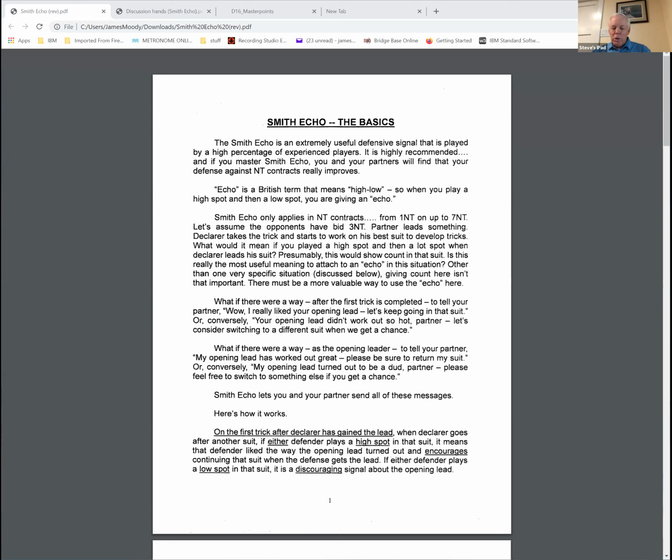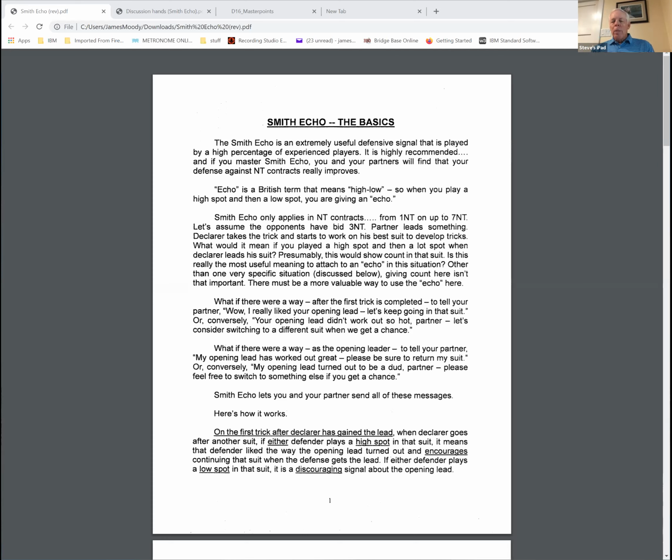Anyway, so Smith Echo, when does it apply? It applies only in no trump contracts at any level: 1 no trump, 3 no trump, maybe even 7 no trump. The idea is this: when partner leads against no trump and then declarer takes the trick and goes about setting up whatever tricks he wants to set up in another suit, showing count in that suit usually is not a very useful tool for the defenders.